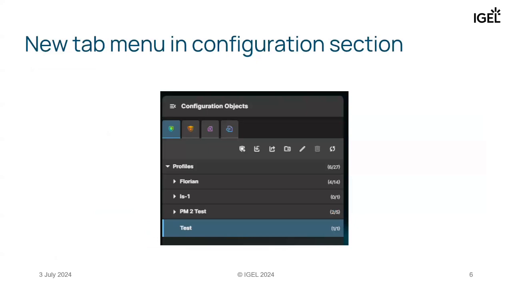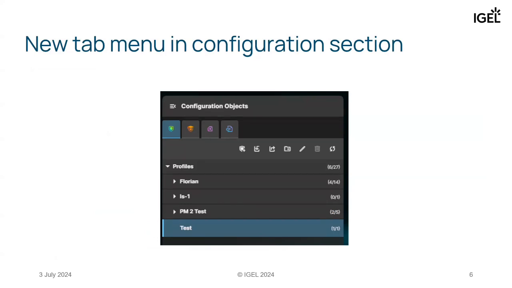Then, as we have more and more configuration objects in the web app, we introduce a new menu organization. From now on, you can see new tabs in the configuration section: one tab for the profiles, one for the priority profiles, the corporate identity customization, and the files.